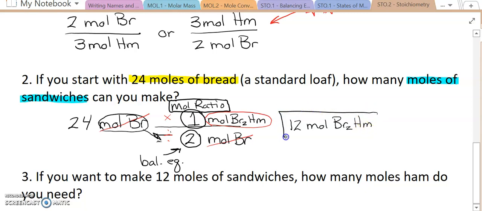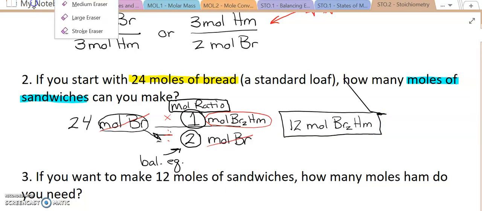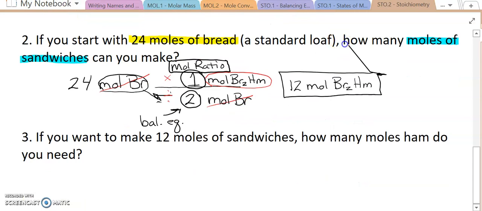Now, it's very likely that you could have done that problem in your head, and you would have done something very, very similar to that. So let's take a look at another example. If you want to make 12 moles of sandwiches, how many moles of ham do you need? I can use any parts of that balanced equation.